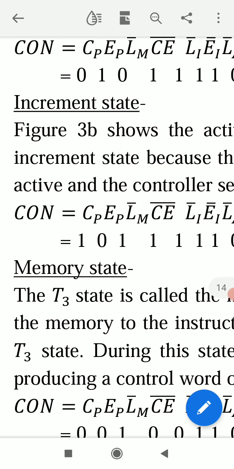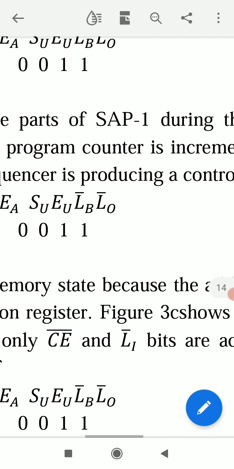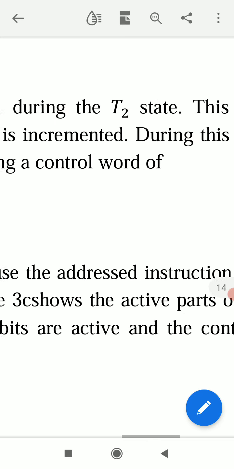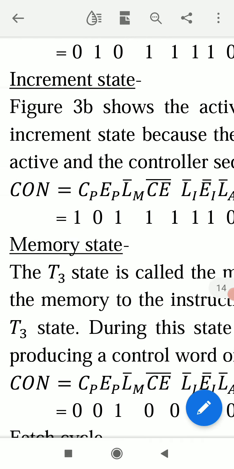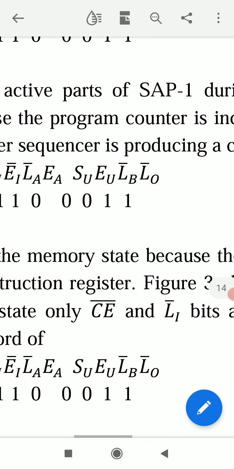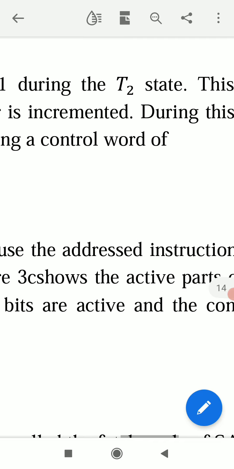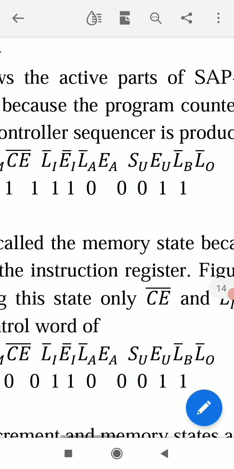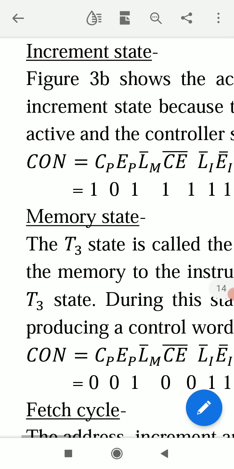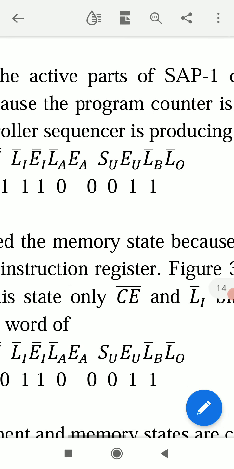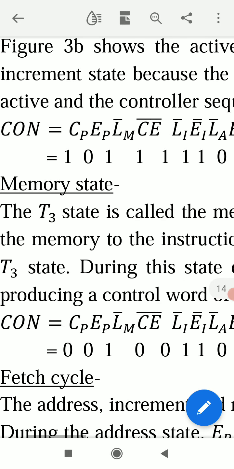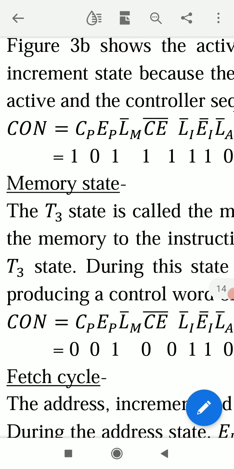Figure 3b shows the active parts of SAP1 during the T2 state. This state is called the increment state because the program counter is incremented. During this state, only CP bit is active and the controller sequencer is producing this control word.